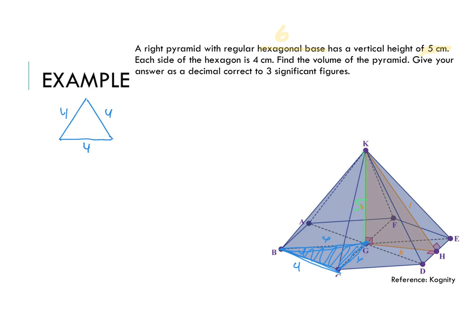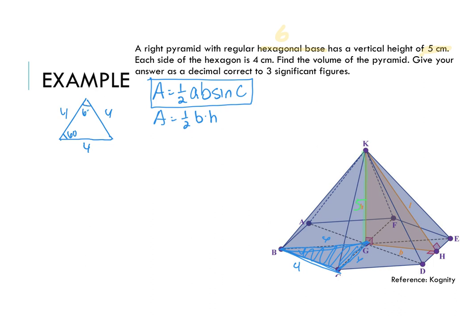Now we have 2 formulas that we know for the area of a triangle: 1/2 a times b times sine of C, or 1/2 base times height. In this situation, we can use the first formula because since we have an equilateral triangle, all the angles are equal to 60 degrees.